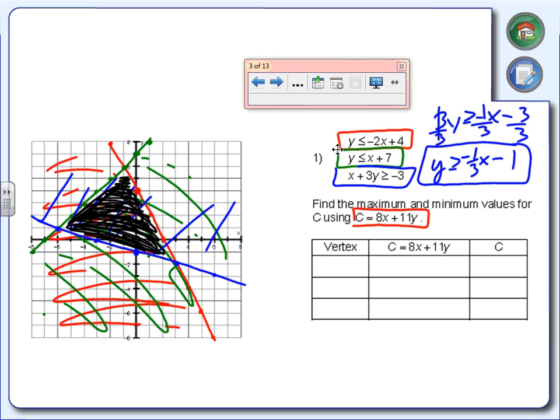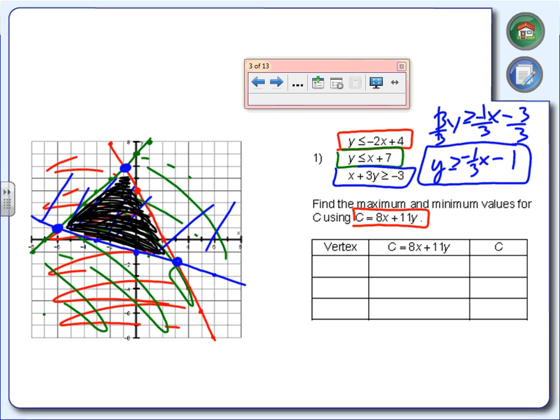Now, what do they mean when they say vertices? Y'all talked about it in geometry. When y'all had a triangle, what are the vertices? They're the points. So if you look at that triangle that we just created here, there are 3 points. We got this point right here, this point right here, and this point right here. There's 3 points, 3 ordered pairs. We're going to write those 3 ordered pairs right over here underneath where it says vertices.